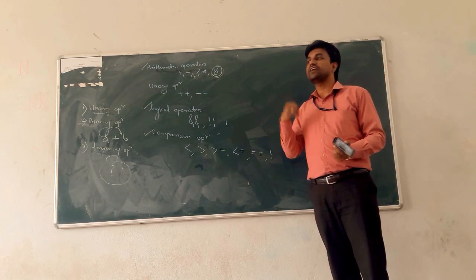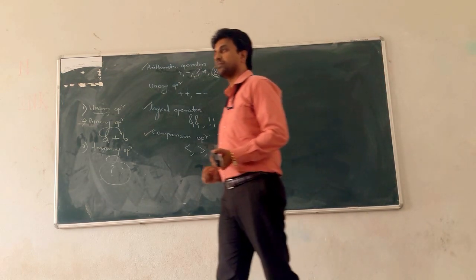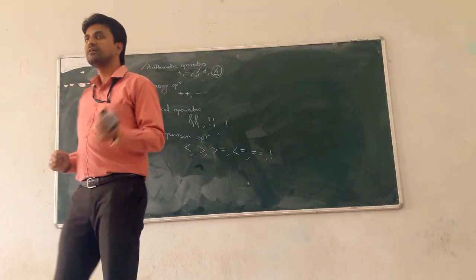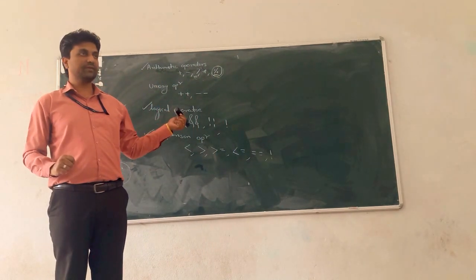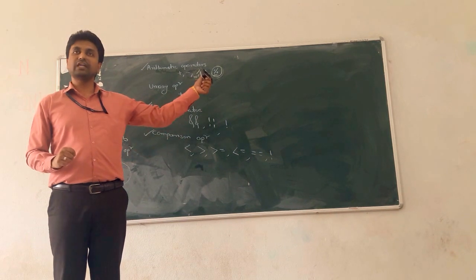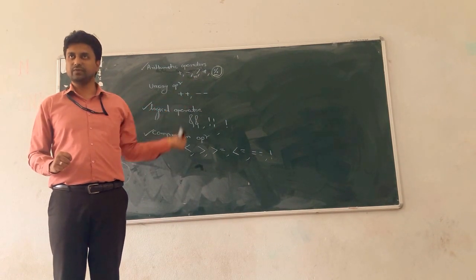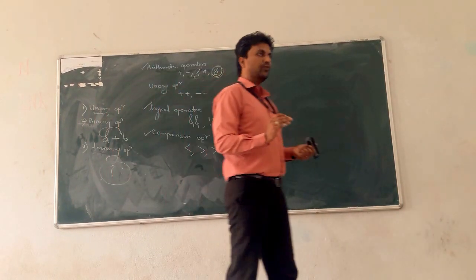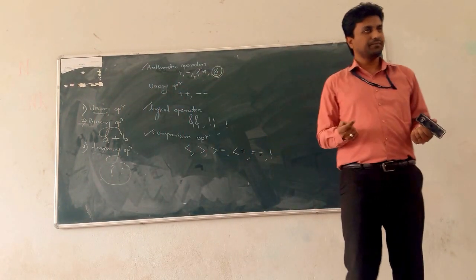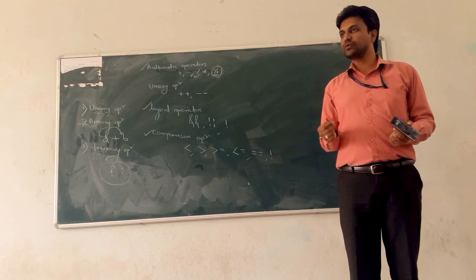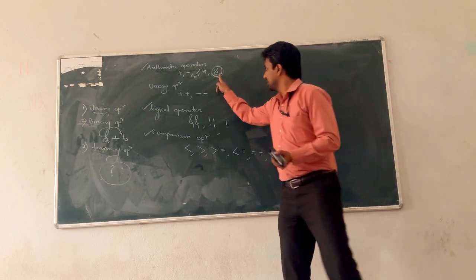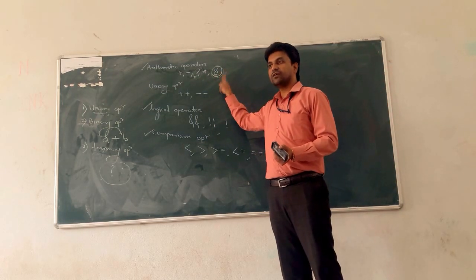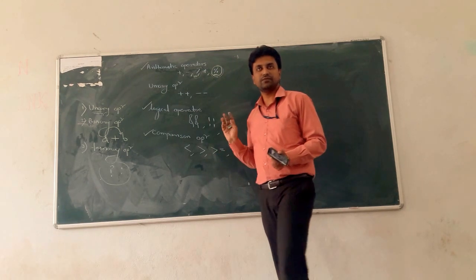And when we take the values from the user at the runtime, then it is called dynamic or runtime value assignment to the variable. Clear? So what is our aim? Take any two values from the user at the runtime, calculate the addition of the two numbers, multiplication, division and modulus of those variables.